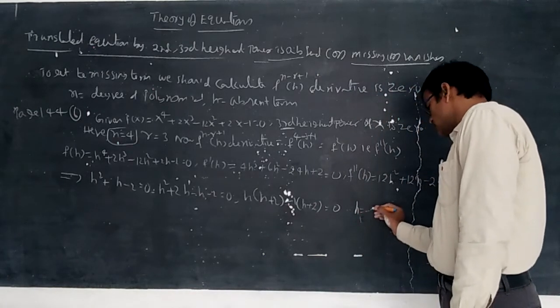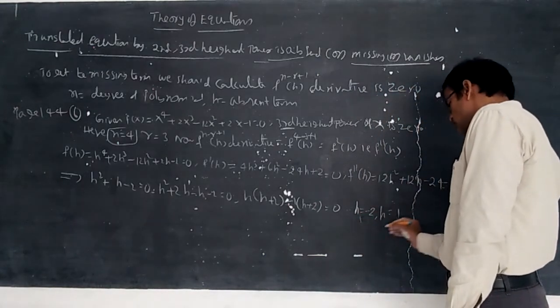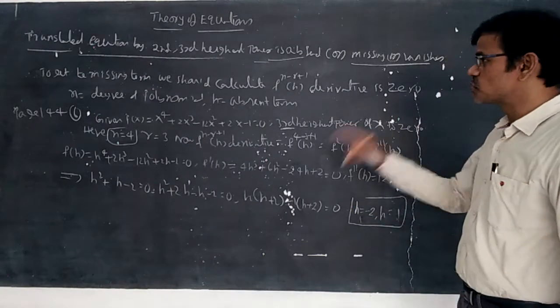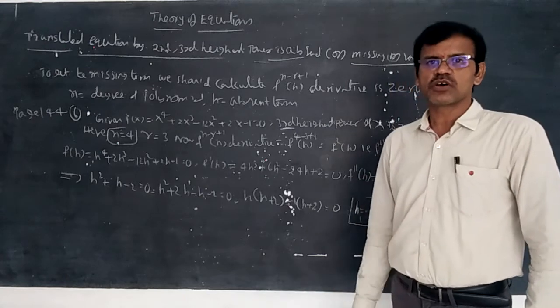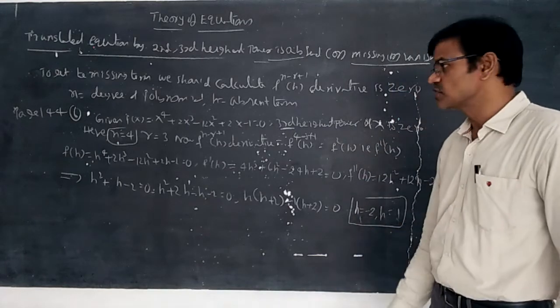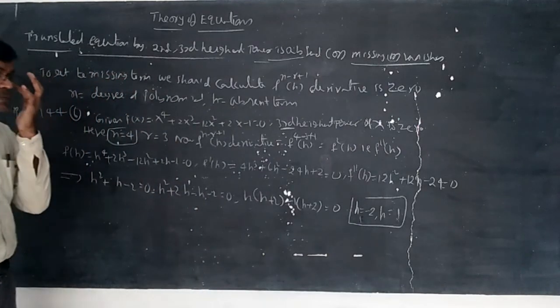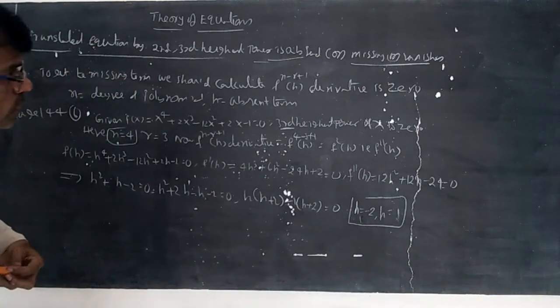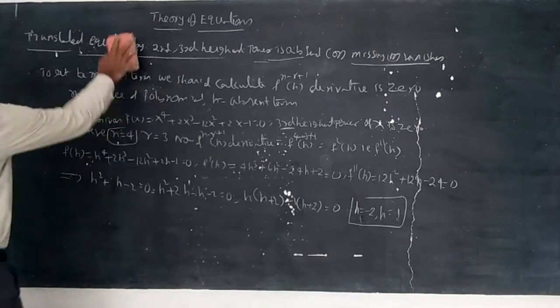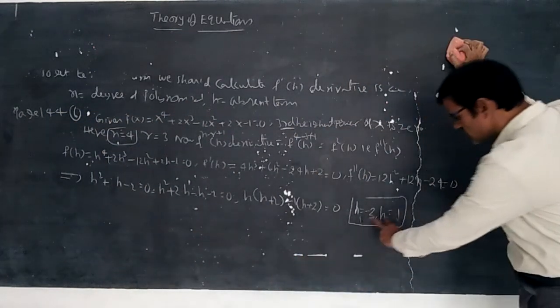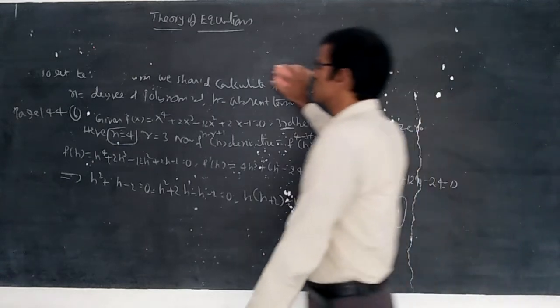Therefore h is equal to minus 2, h is equal to 1. Here you should calculate the transformed equation using these h values, h is equal to minus 2 and h is equal to 1, since we are calculating the absent power.